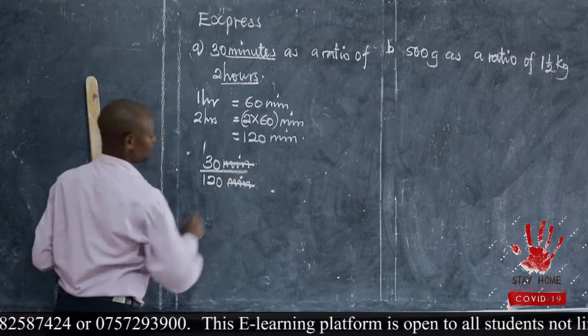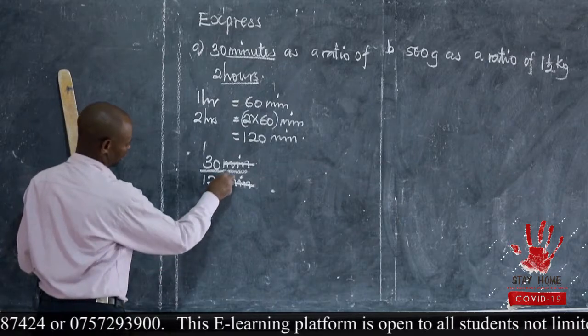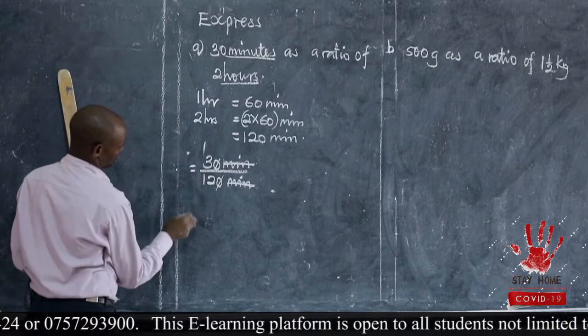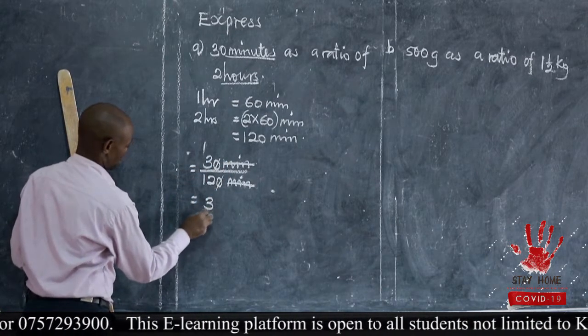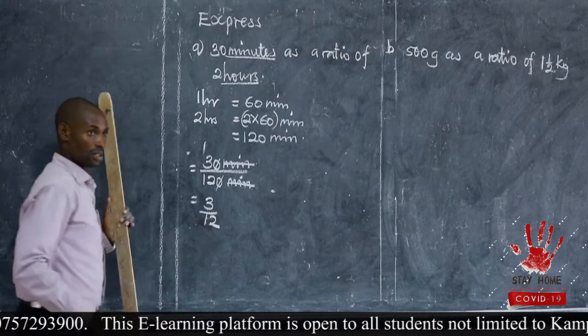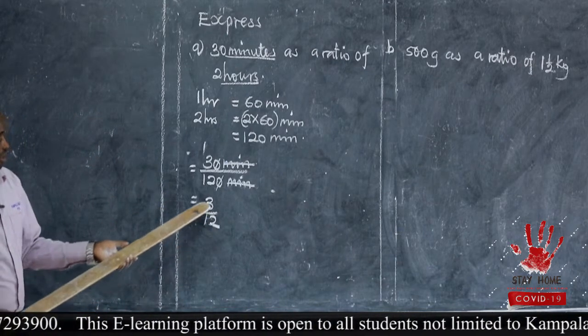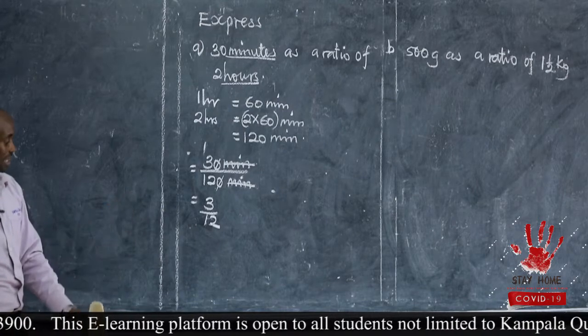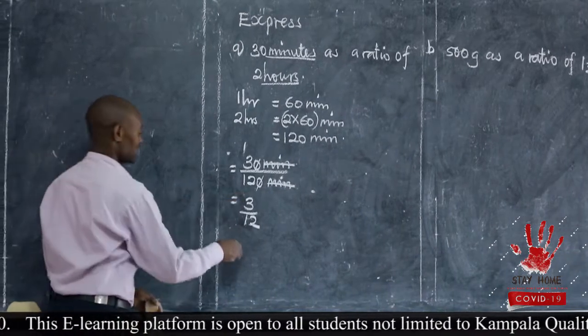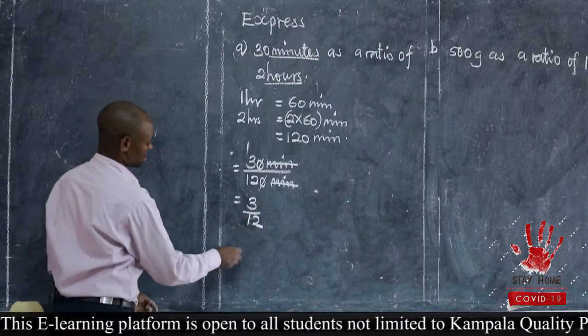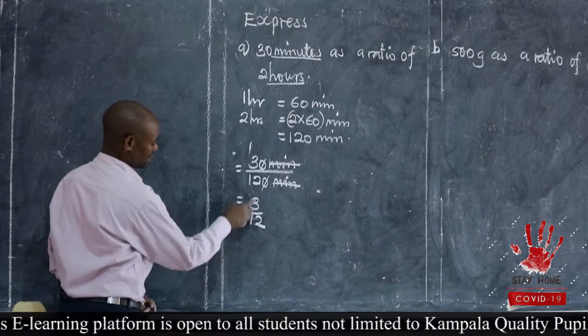Minutes and minutes will cancel off. Even a 0 will go with this 0. So what do I remain with? 3 out of 12. I told you that a fraction must be in its simplest form. So is this one in its simplest form? No, so we reduce. What are the common factors here? 3.